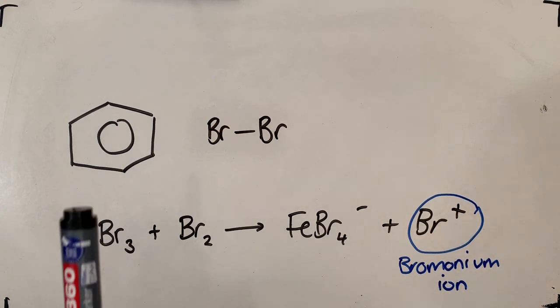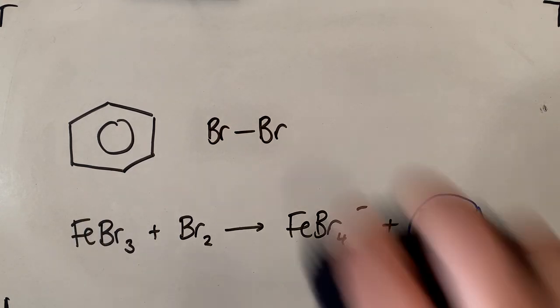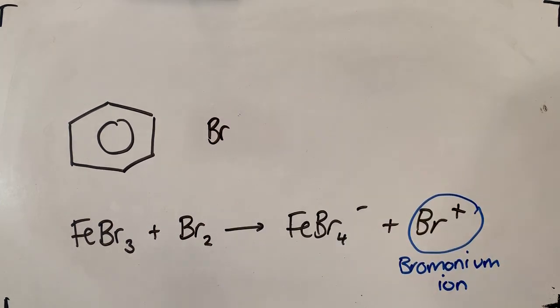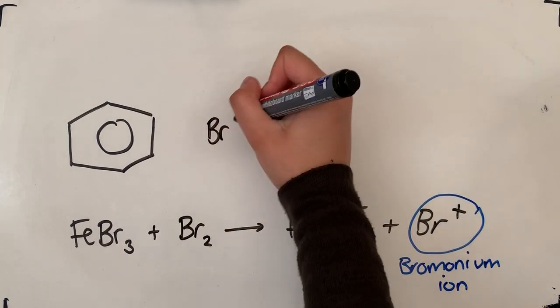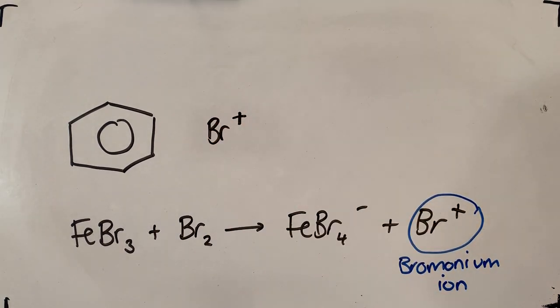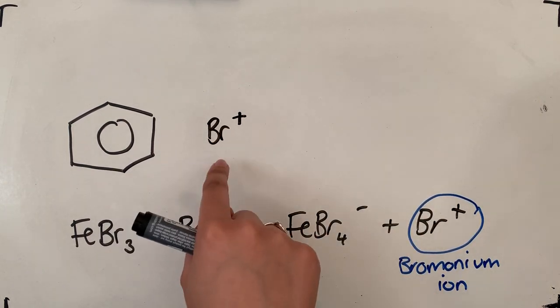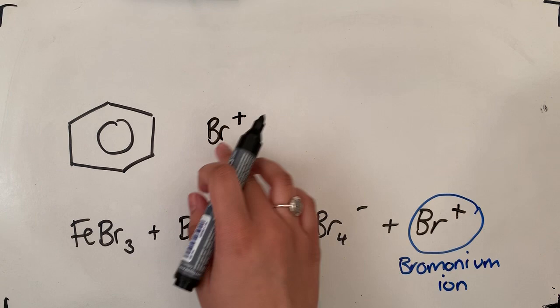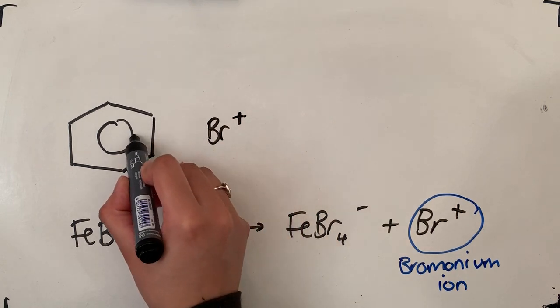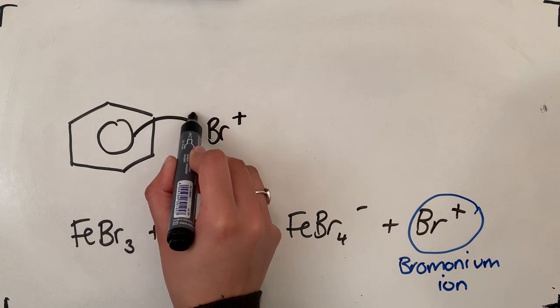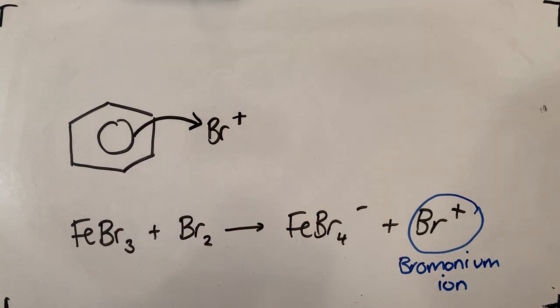And that bromonium ion has a positive charge. Because it has a positive charge, it is electrophilic enough. The benzene does not need to induce a dipole across anything, and therefore 2 electrons from our delocalized ring can then easily go to our electrophile.